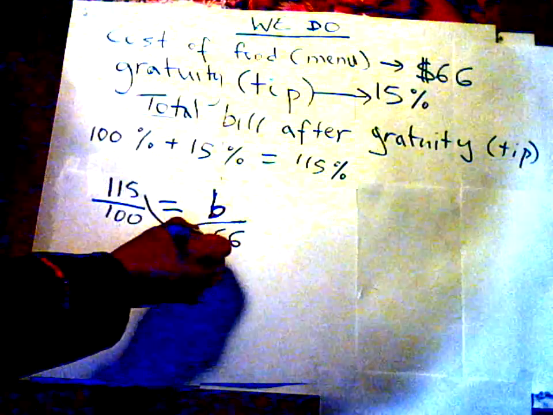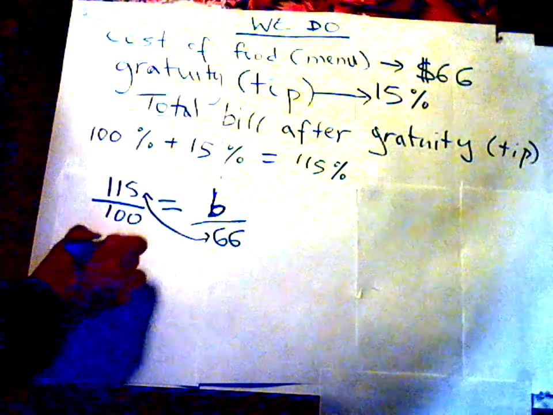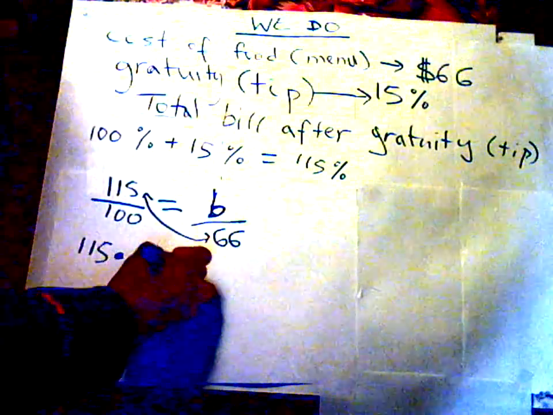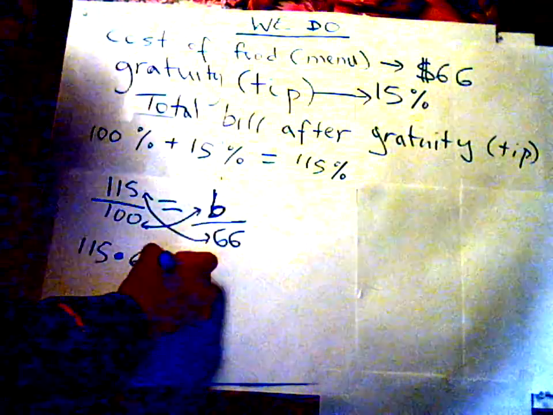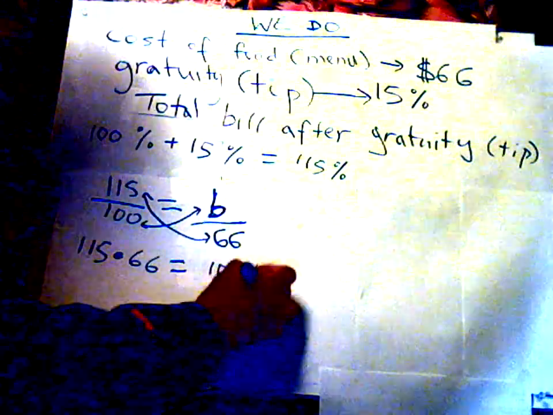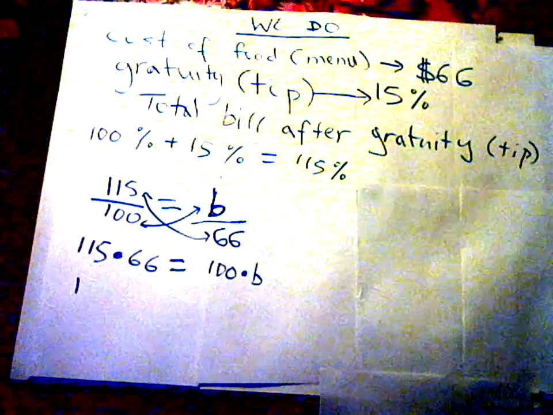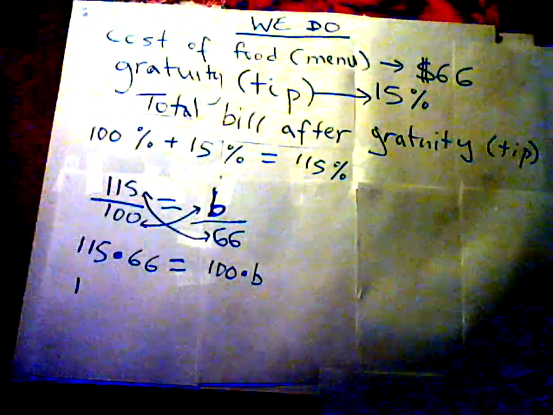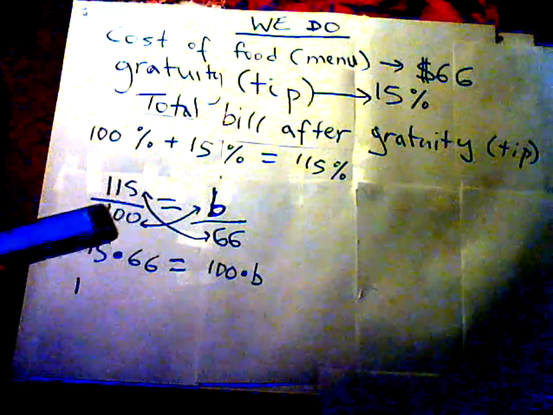So I do my cross product. 115 times 66 is equal to 100 times B. And so now I'm going to take the value of 115 times 66. I need to know what 115 times 66 is.